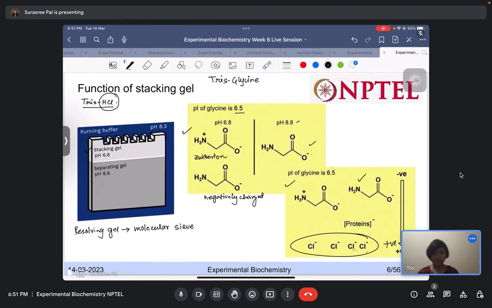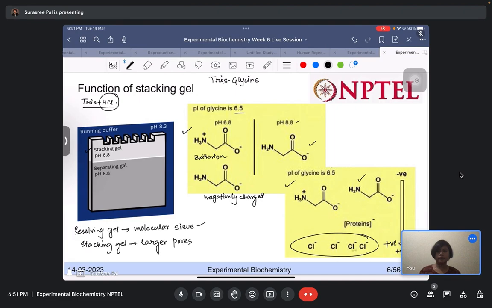in this stacking gel. And remember that in the stacking gel, the acrylamide concentration is also much less. So the stacking gel has larger pores than the resolving gel. So the molecular sieve function of the resolving gel is not achieved by the stacking gel.